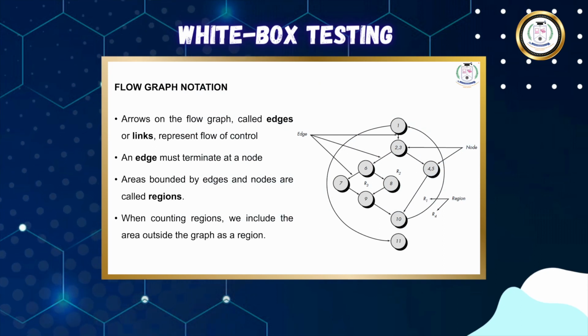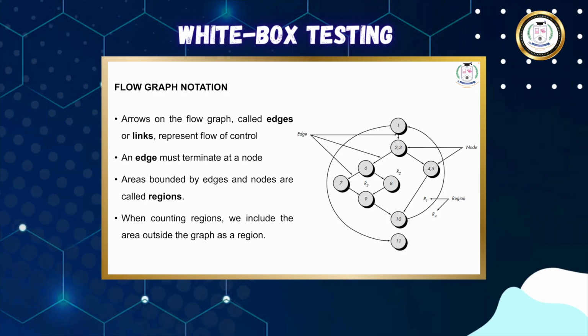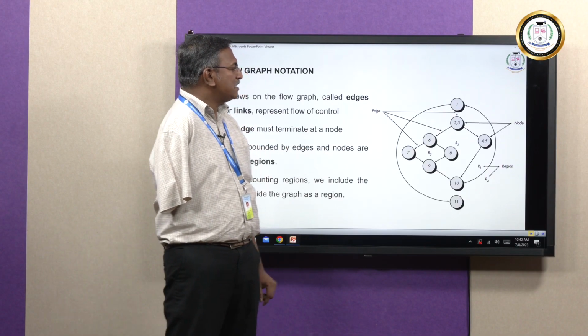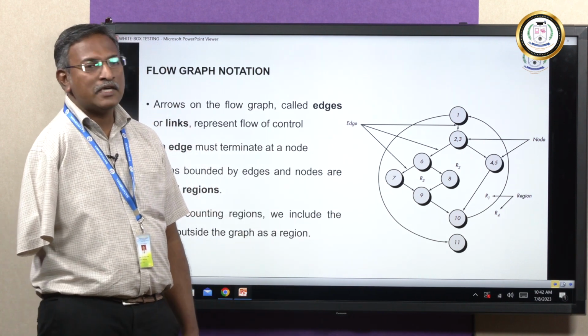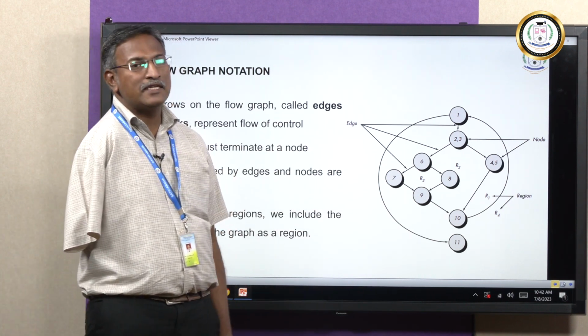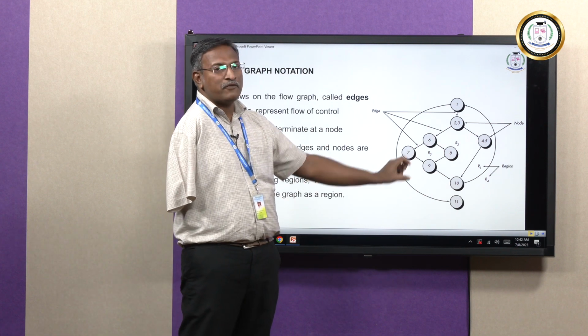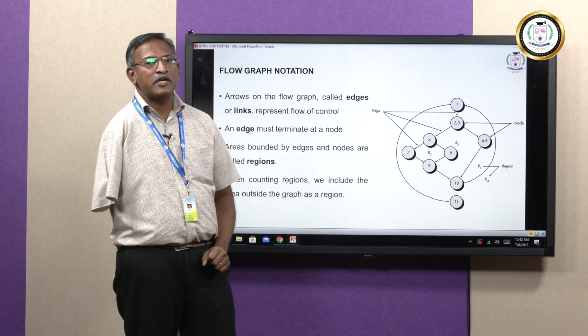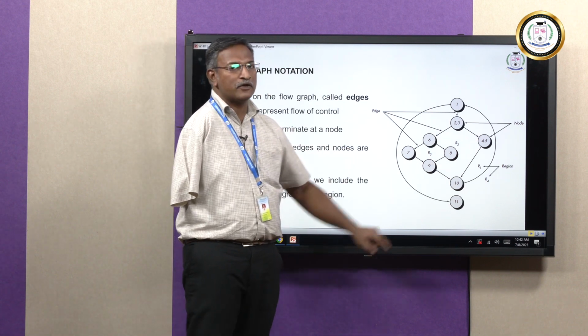In this picture, the circles represent the nodes, the arrows represent the edges, and the area enclosed between the nodes and the edges is called the region. To find the number of regions in a flow graph, you need to include the region outside the flow graph.